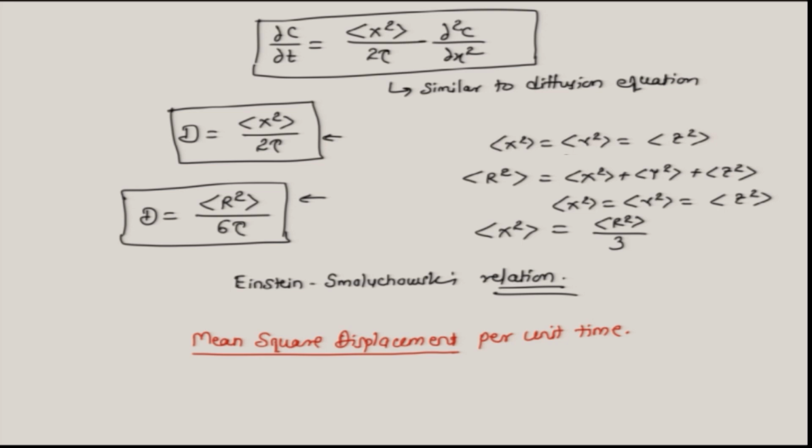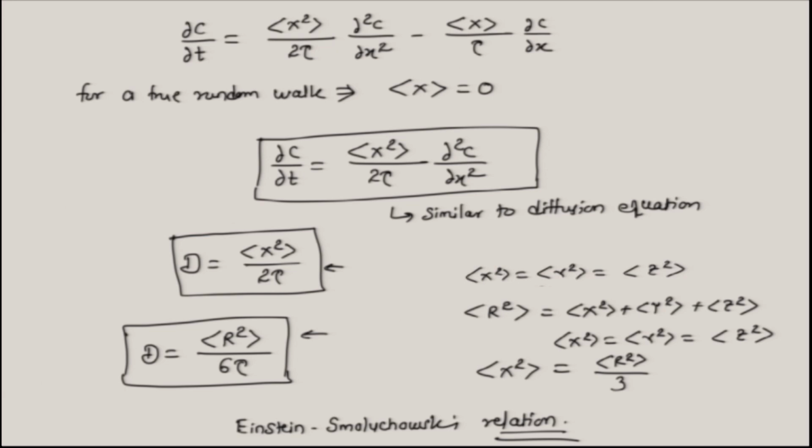Now, remember, when we defined this function phi of x tau, we made an assumption while deriving this equation, and the assumption was that the function phi is independent of x and t, small x and small t.